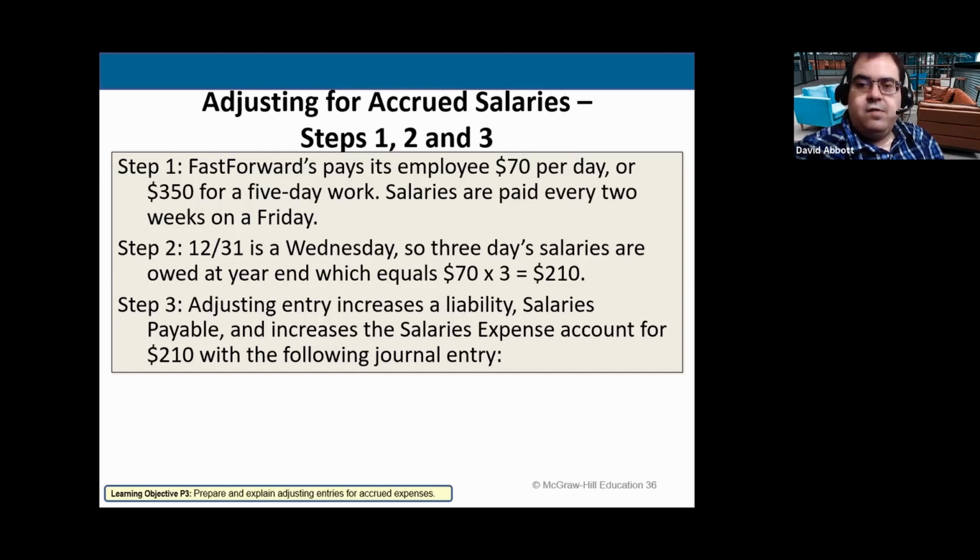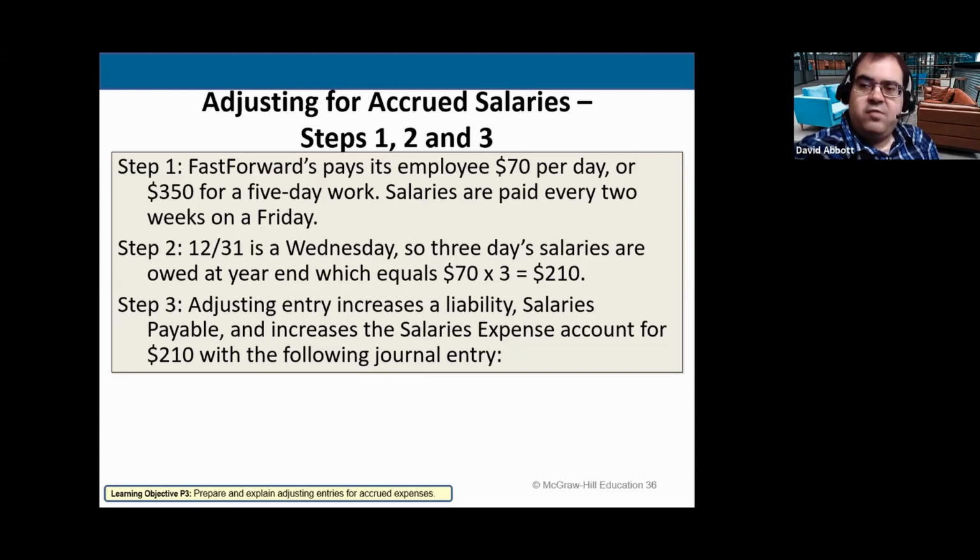So they still have to work Thursday and Friday. But Thursday and Friday would happen in 2020, for example, so in another year. So we have to indicate how much we owe from the previous year when we go to close out the books.